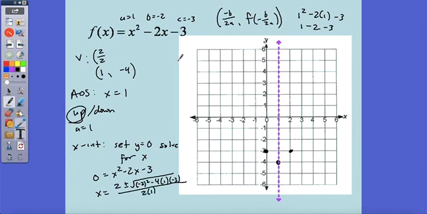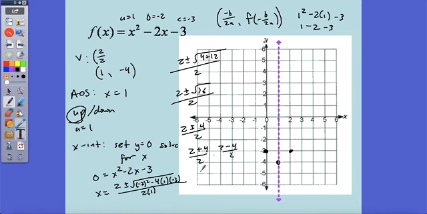So 2 plus or minus the square root of 4 plus 12, all over 2. 2 plus or minus the square root of 16 over 2. Root 16 is 4. So I say 2 plus 4 over 2 and 2 minus 4 over 2. That would be 6 over 2, which is 3, and negative 2 over 2, which is negative 1. So 3 and negative 1 are my two x-intercepts. Then I can draw my graph, and I am good to go.